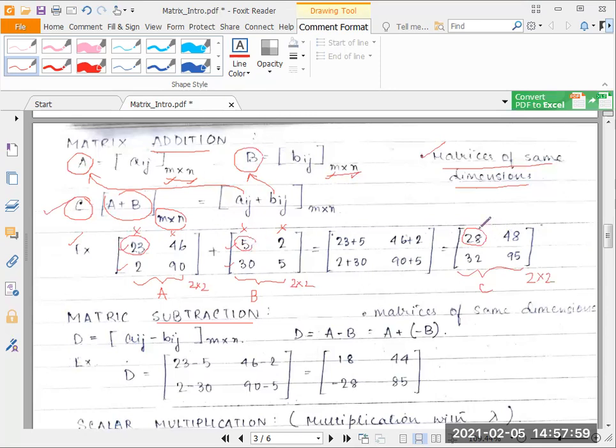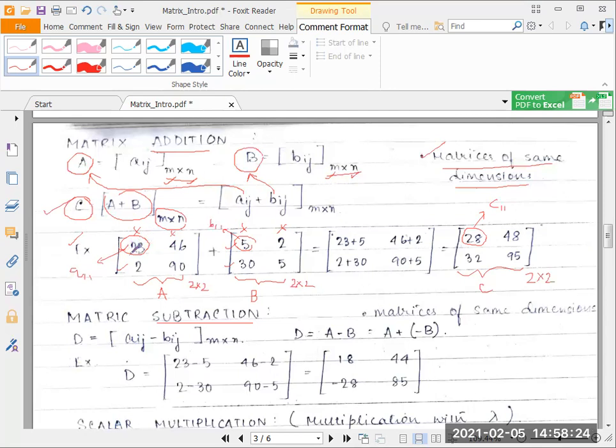So in the A matrix, the first row, first column element is 23. And in the B matrix, the first row, first column element is 5. That is, if this is Cij, which is C11, then we need to look at Aij, which is A11, and this will be Bij, which is B11.